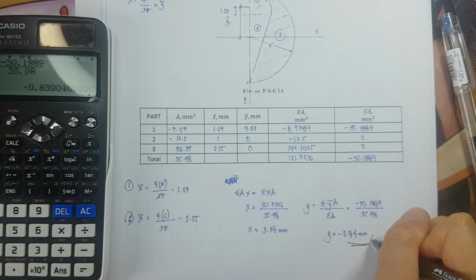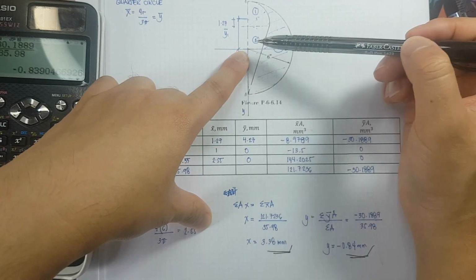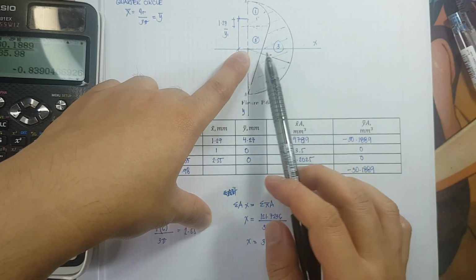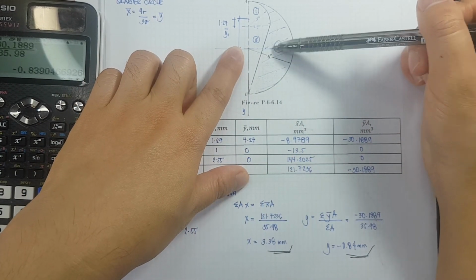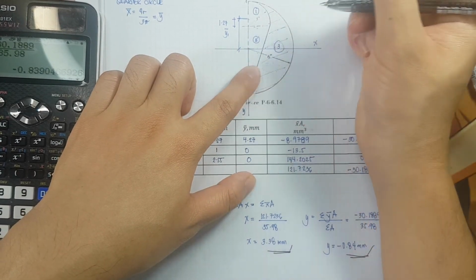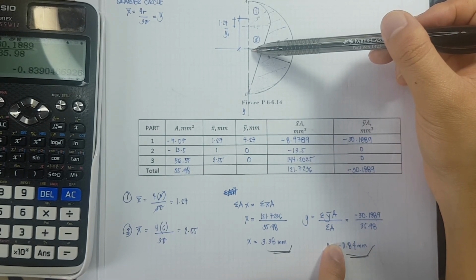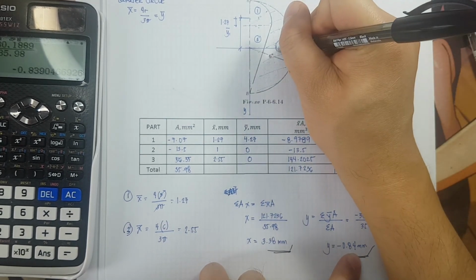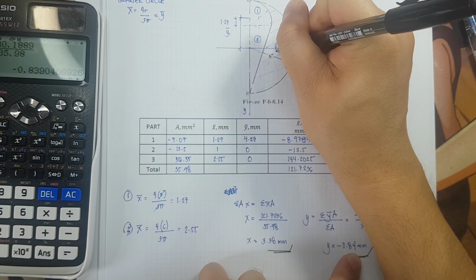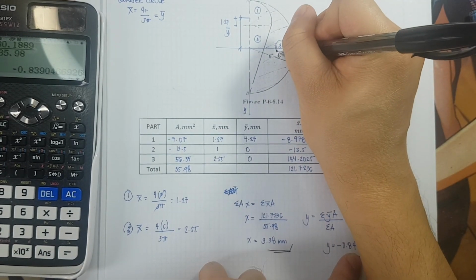How should we interpret this one? This is my x reference, so the centroid is 3.38 positive. If this is 3, more or less, x bar is located here. Then this is my reference for y, and it is negative, therefore it is going down by 0.84. Therefore the centroid is located here. So that is my centroid.